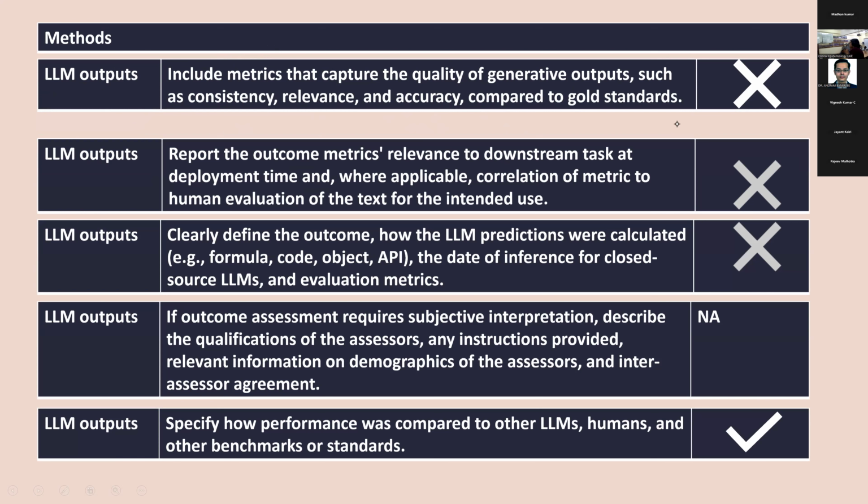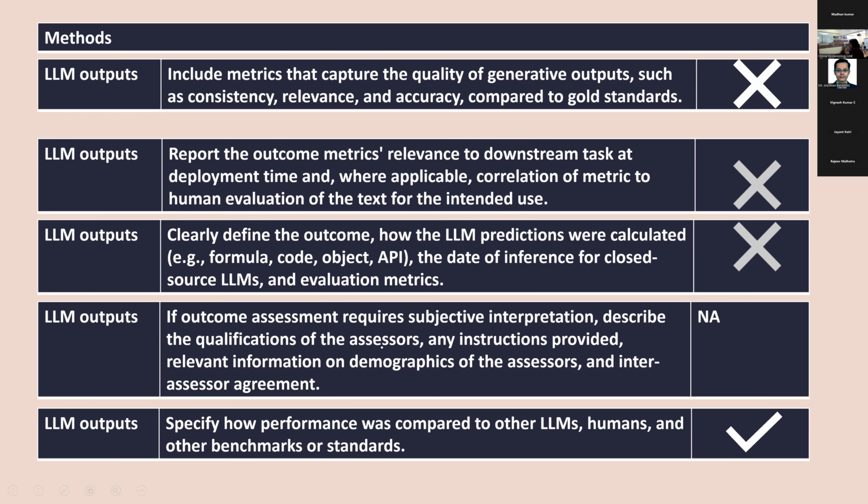They have not disclosed that explicitly in the methods section. And report the outcome metrics relevant to downstream tasks at deployment time and, where applicable, correlation of the metric to human evaluation of the text for intended use. They have not stated. Clearly define the outcome, how the LLM predictions were calculated, and the date of inference for closed source LLMs and evaluation metrics. They have not displayed any code or object as such.